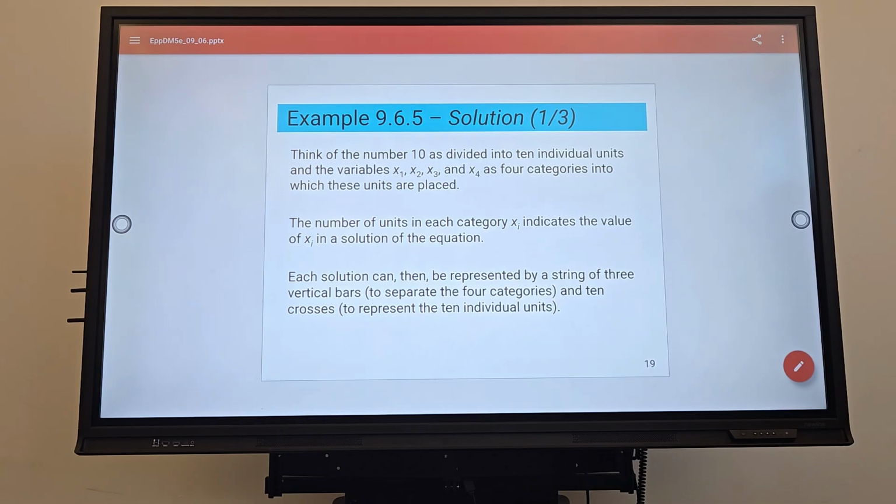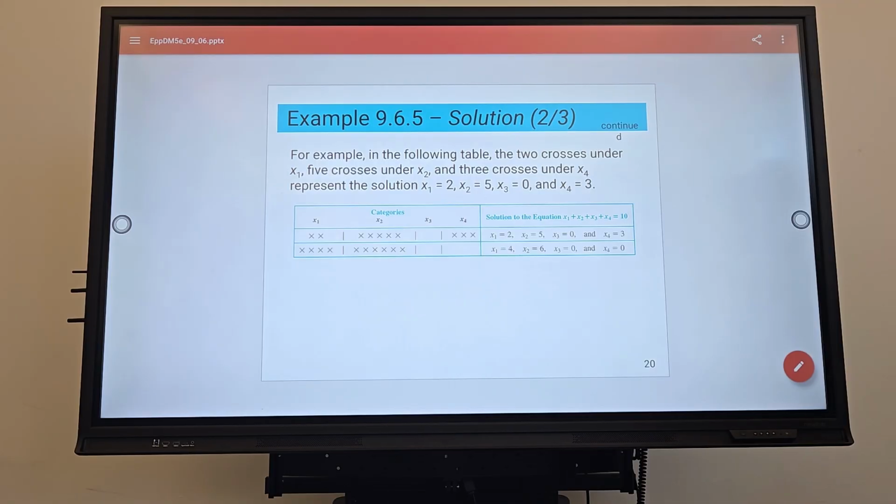Each solution can then be represented by a string of 3 vertical bars to separate the 4 categories, and 10 crosses to represent the 10 individual units. For example, in the following table, 2 crosses under x1, 5 crosses under x2, and 3 crosses under x4 represent the solution x1 equals 2, x2 equals 5, x3 equals 0, and x4 equals 3.